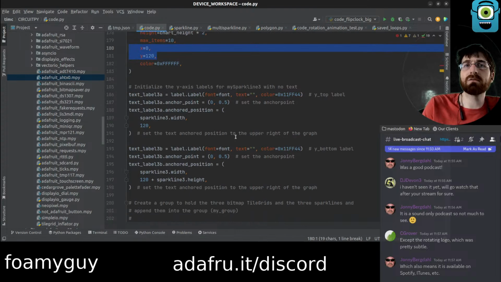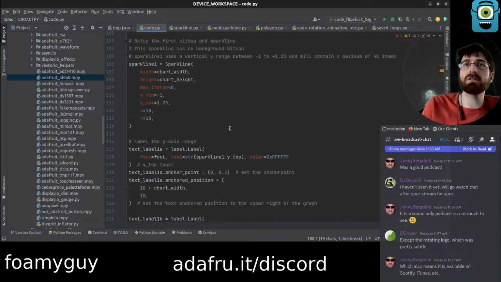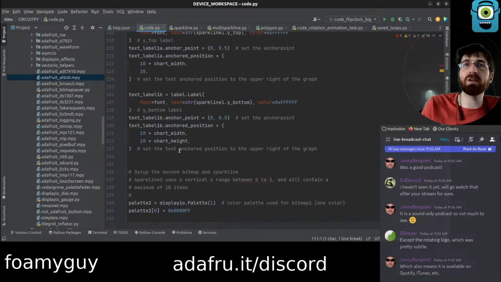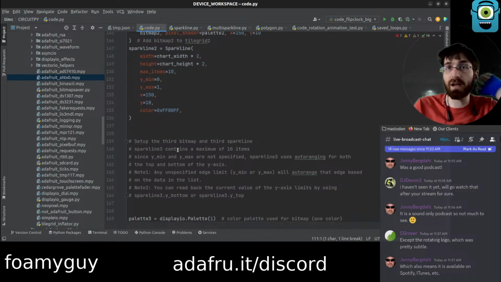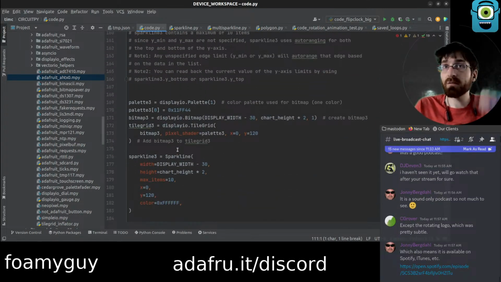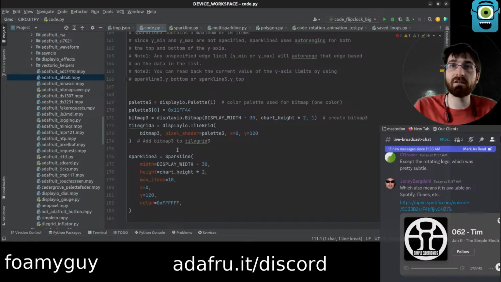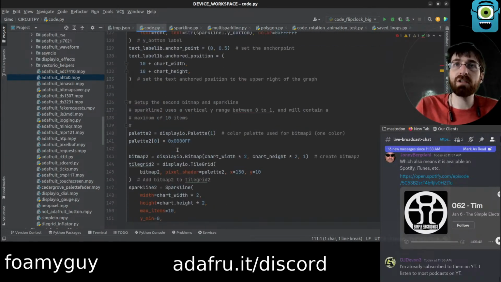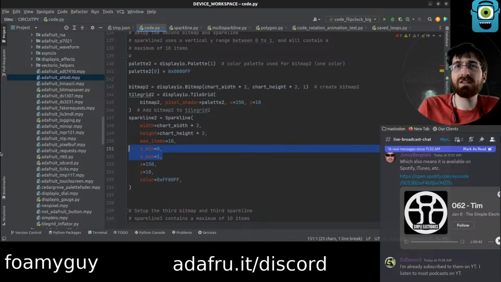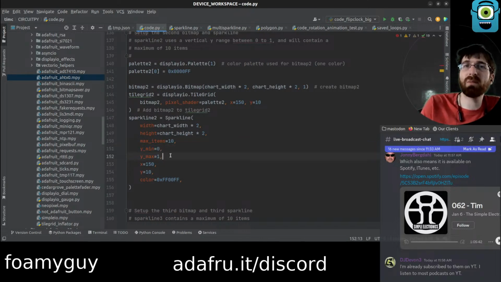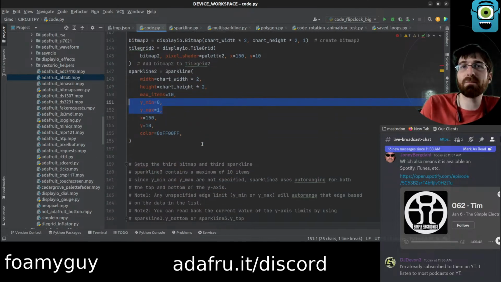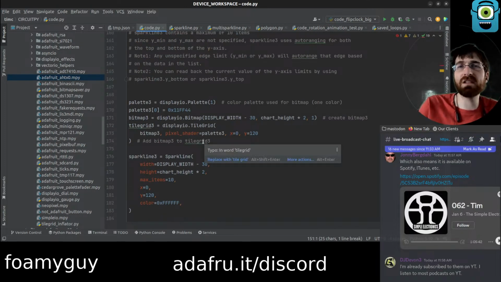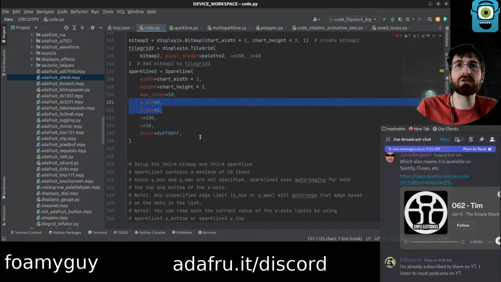Sparkline 3 is 0 to 120. So sparkline 1 is technically allowed to go negative, but its add value was not allowing it to be negative because it was choosing random from a higher number. Sparkline 2 has minimum 0 and a maximum 1, but we are sometimes feeding it negative numbers. I guess the range changes itself, though.